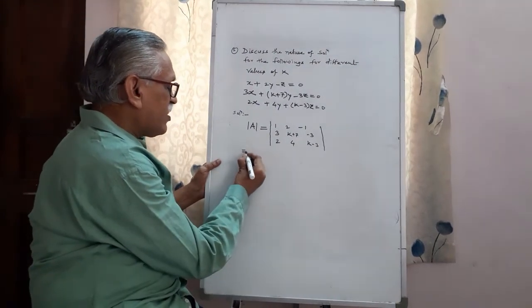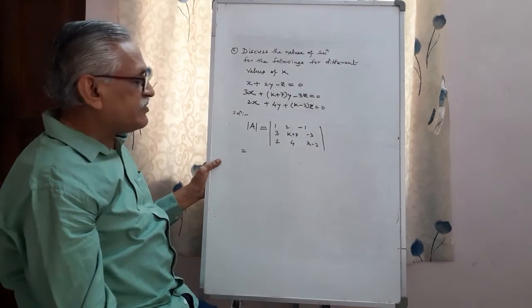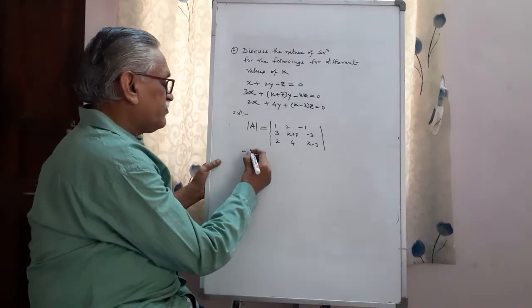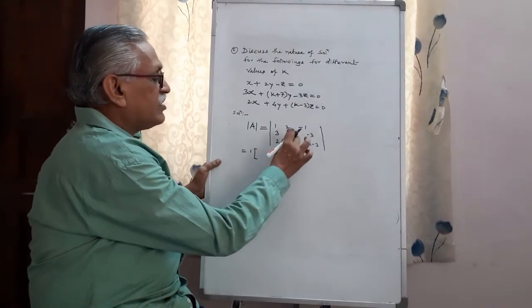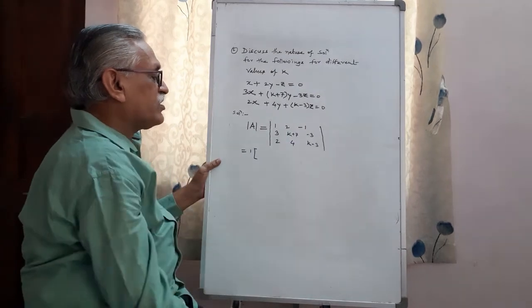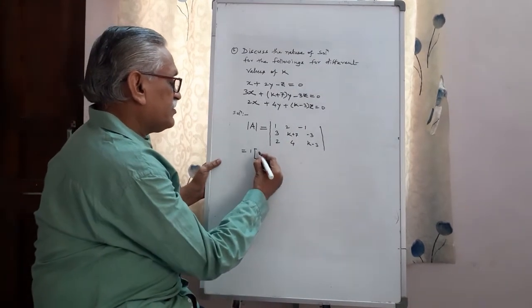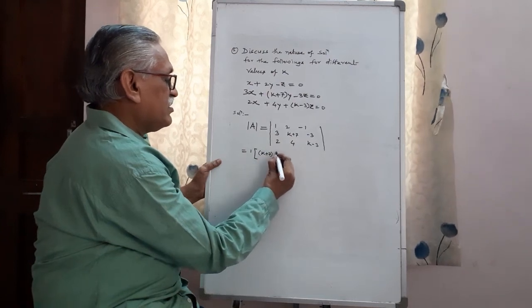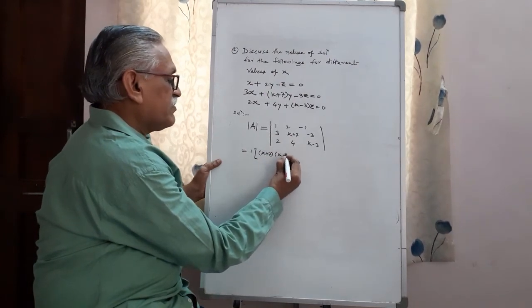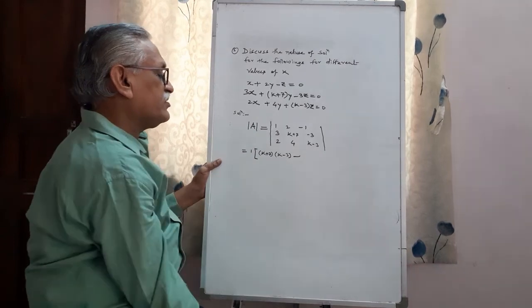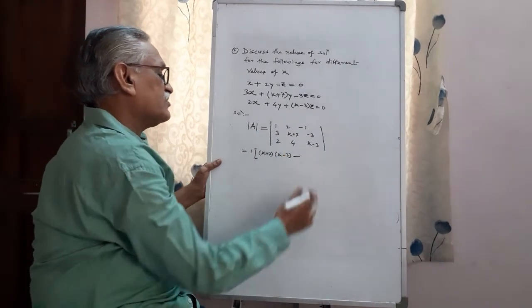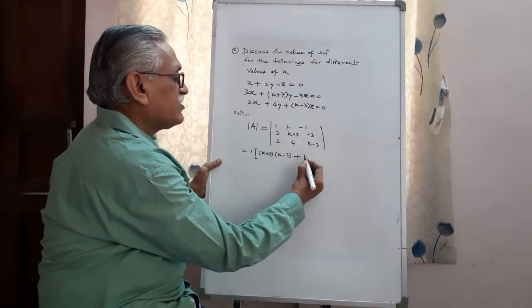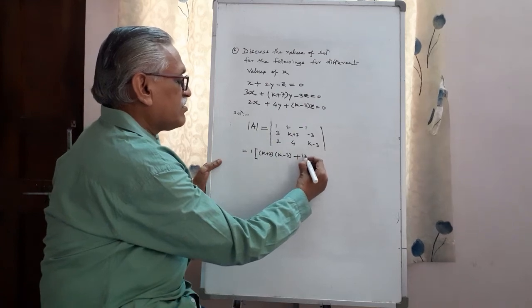As usual, we evaluate the third order determinant. Therefore, 1 into the product of this minus this product. Therefore, it is (k plus 7) into (k minus 3) minus 12, since minus and minus became plus, 4 threes are 12.